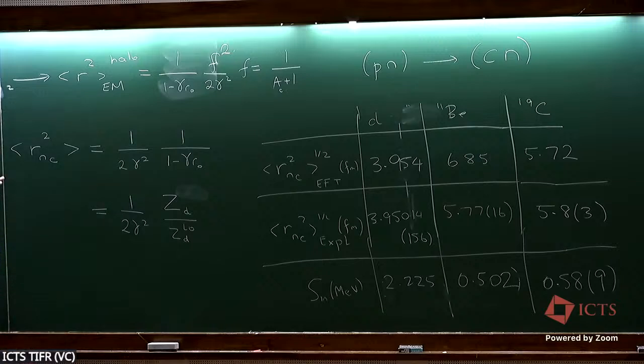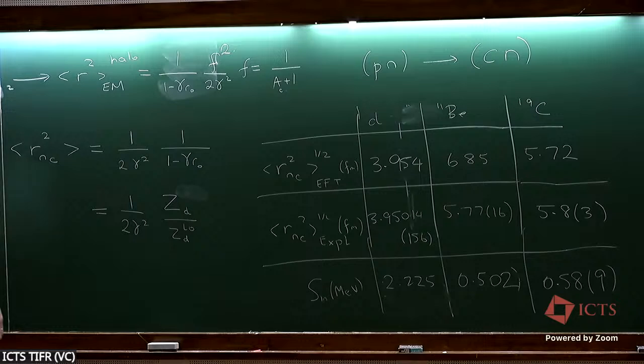But if you do the calculation of the neutron core separation, you get this result. So for the deuteron, it's just 4 times difference in the square, and this is the factor of 2 that I was talking about dividing and multiplying by in the experimental results.